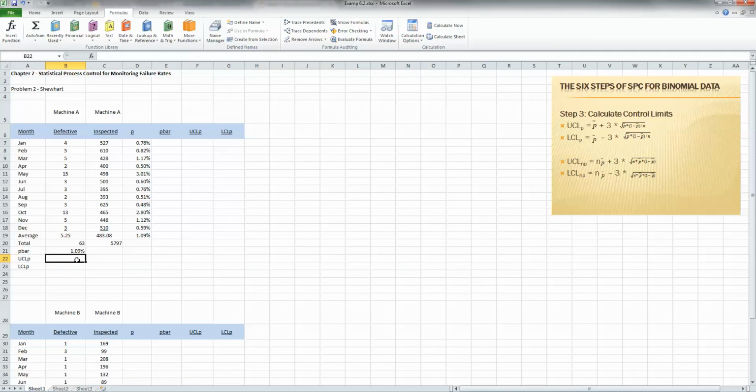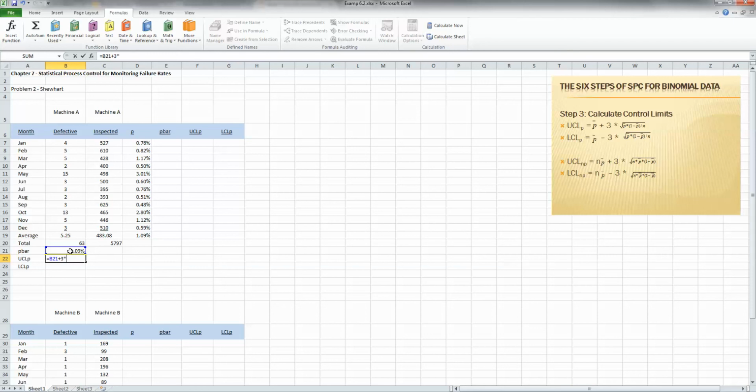So we're going to do this formula by hand, and the formula is, do an equal sign, it's going to be this p-bar value plus 3, and then we're going to multiply it by the square root of a bunch of numbers.